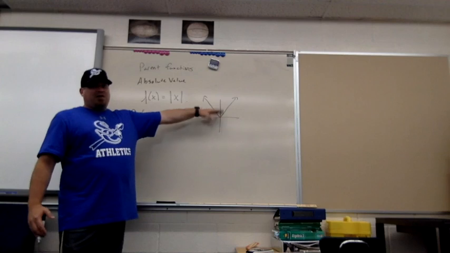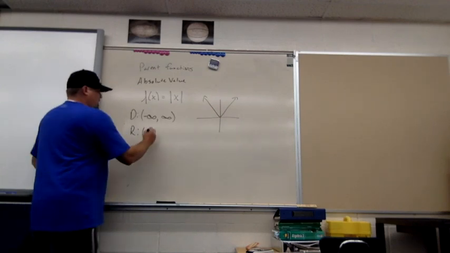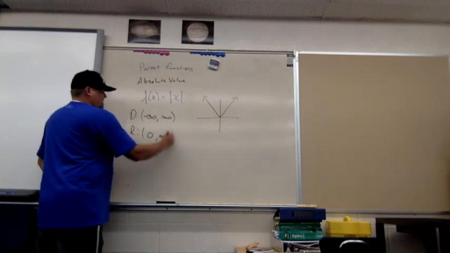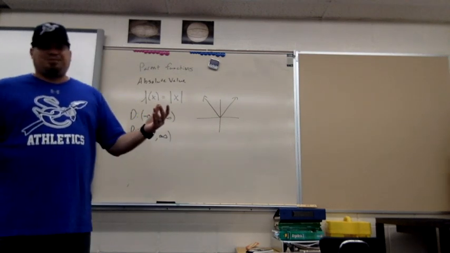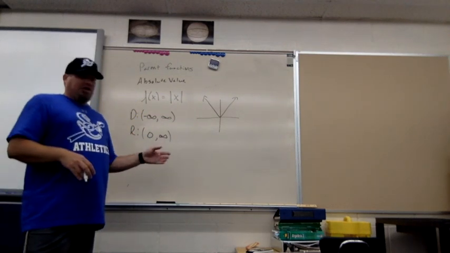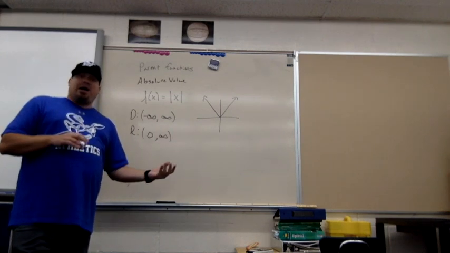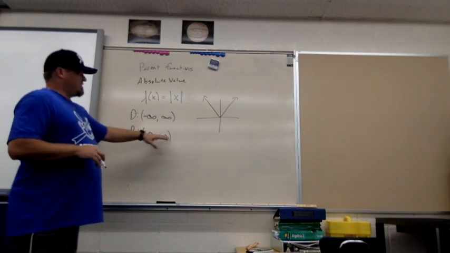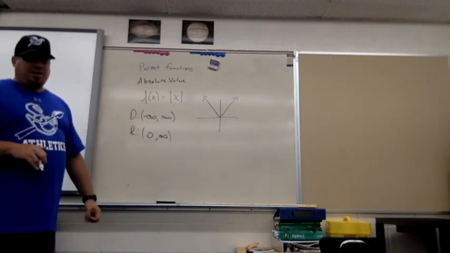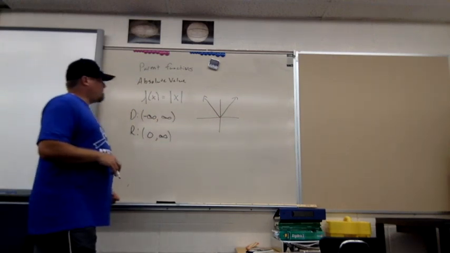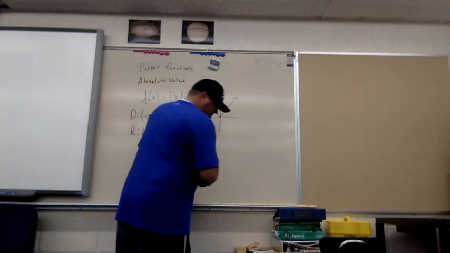But on the y value, going up and down, we only go from 0 to infinity. So again, domain is the smallest to the largest x, range is the smallest to the largest in the y's. Okay? So since the smallest y we have is 0, that's where we start, at 0, and go to infinity. All right?